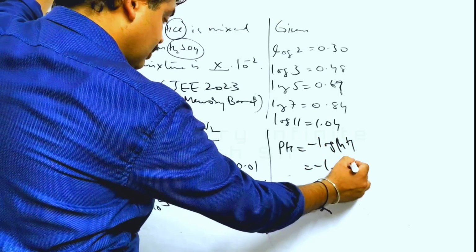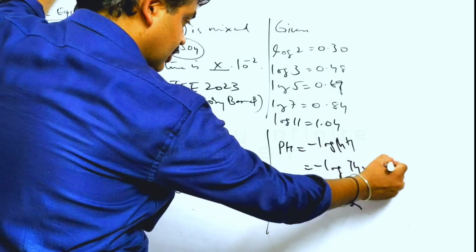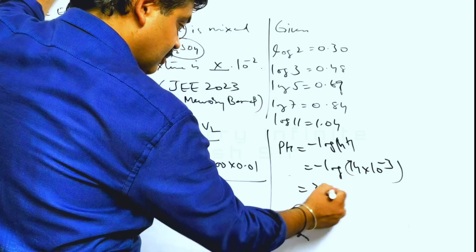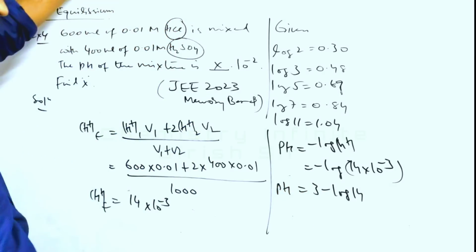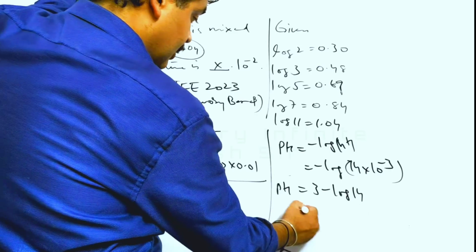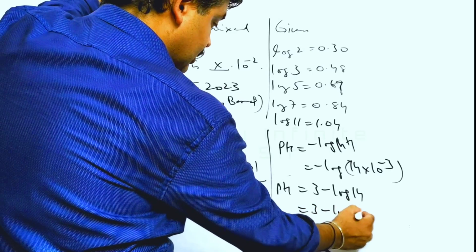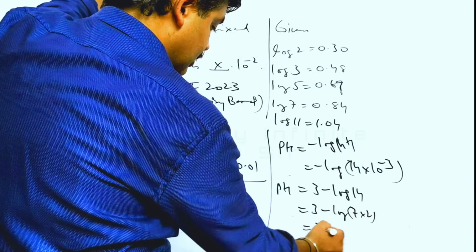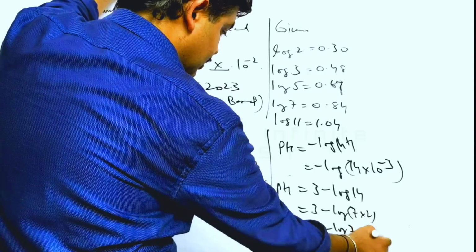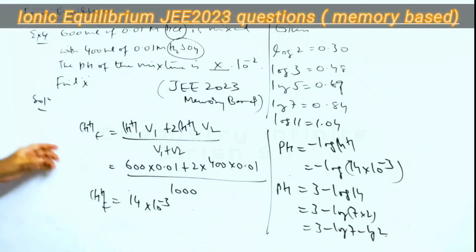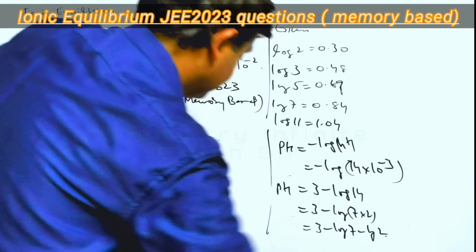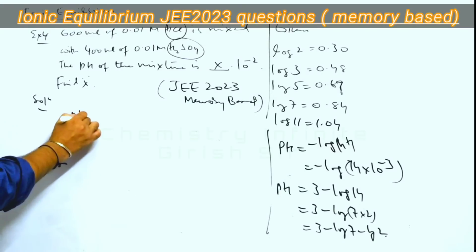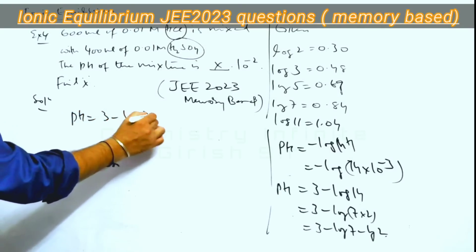So minus log of 14 into 10 raised to minus 3. That is 3 minus log 14. Which can be written as 7 into 2. So I can write log 7 minus log 2. We got pH as 3 minus log 7 plus log 2.